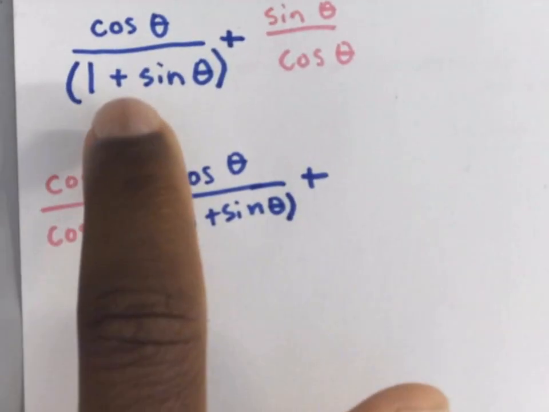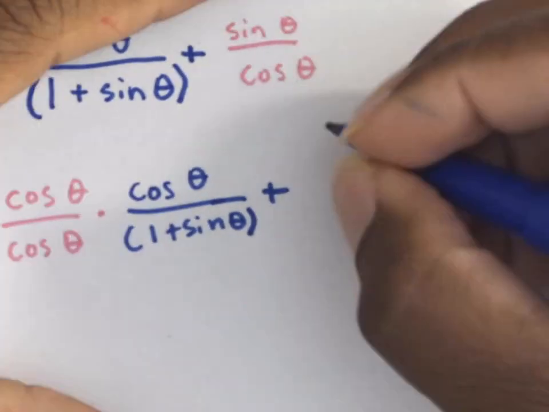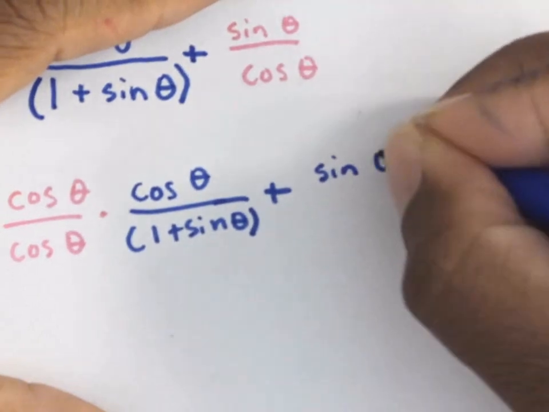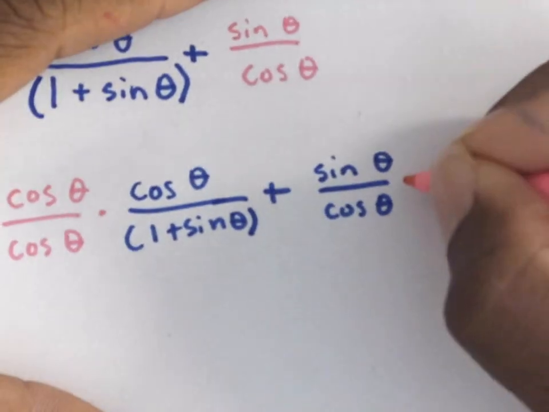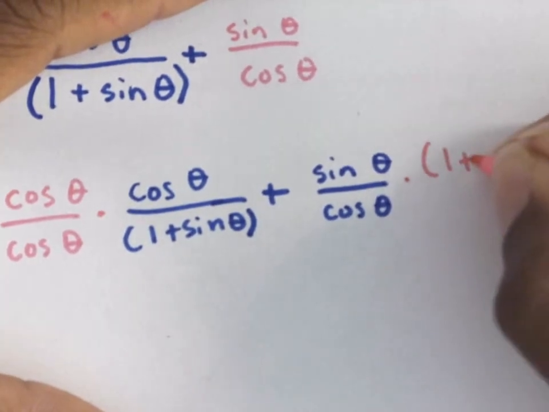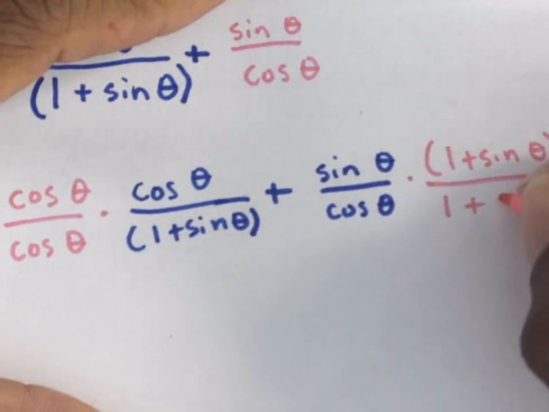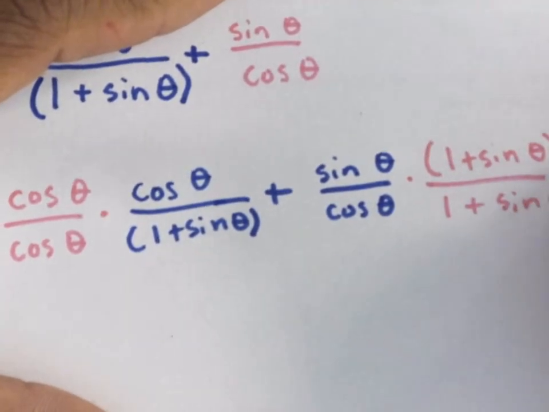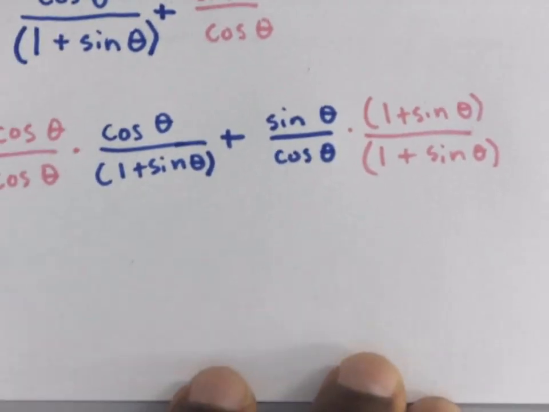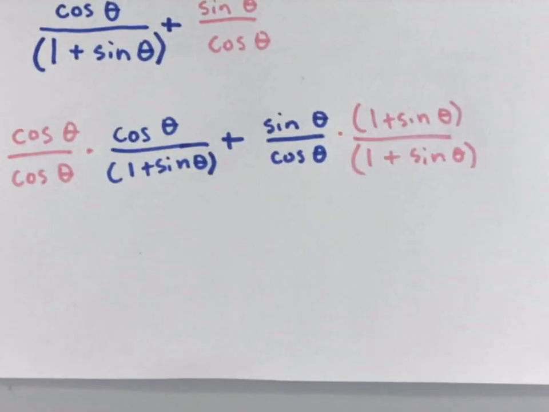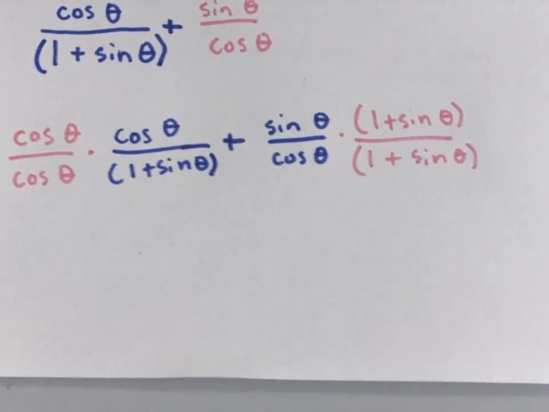This side needs this denominator, so I'll take my sine over cosine and multiply that by 1 plus sine theta. So now it looks crazy. I'm going to put them together and it won't look as crazy.